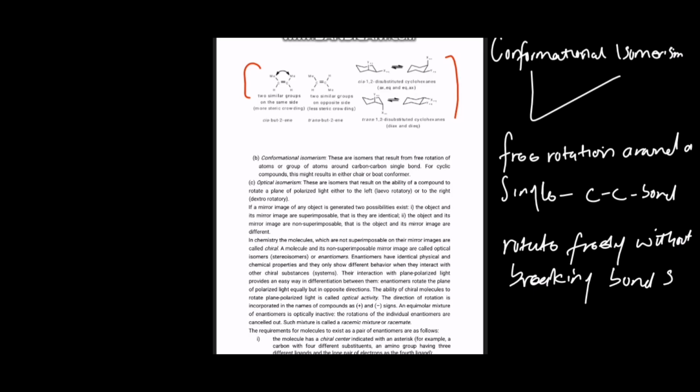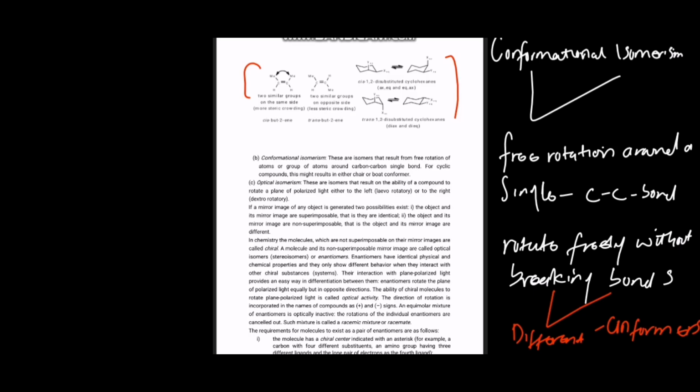This creates different shapes, which we call conformers. As they rotate, they produce different shapes. From the name, that's why we have the conformational isomer: there is free rotation around the single carbon bond.